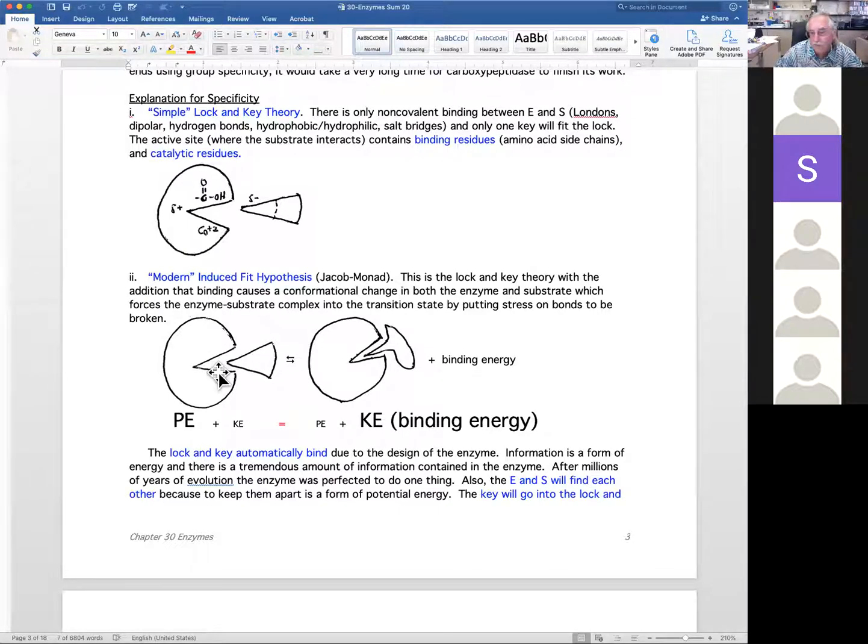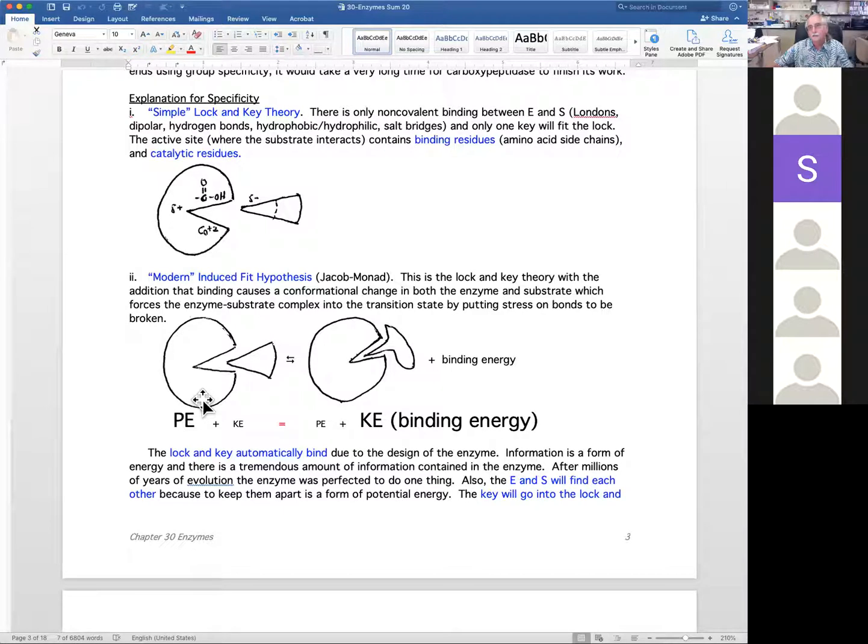Where's that cofactor? How does it rotate a single bond here when it binds to its substrate? The amount of information in the protein is tremendous. But most people don't get that because they think, oh, DNA is simply linear. But no, tremendous amount of information in a protein. And information is the same thing as energy.